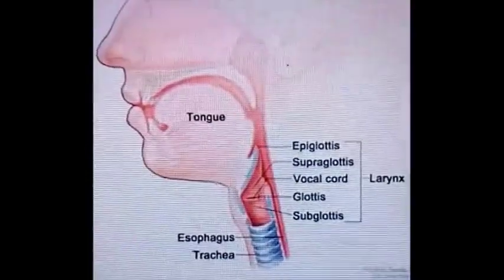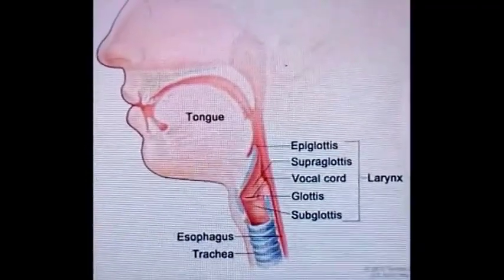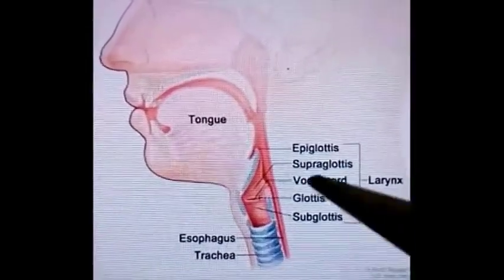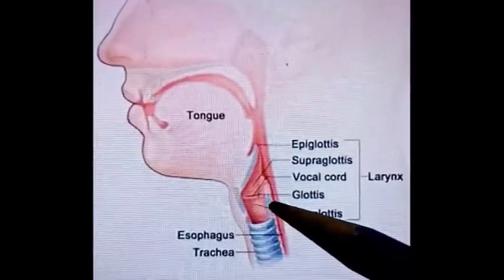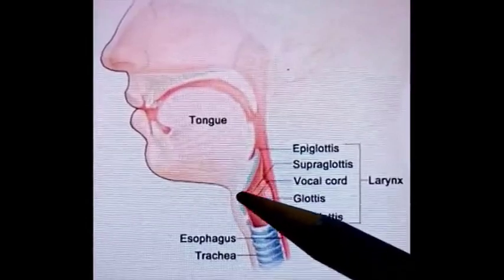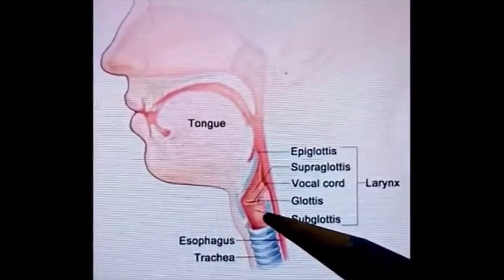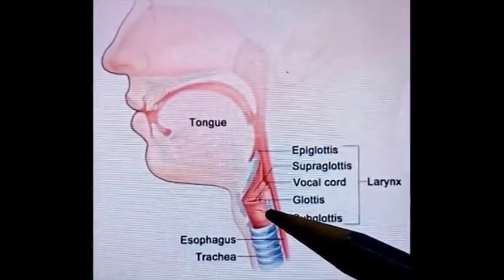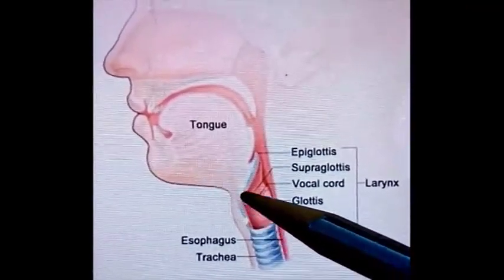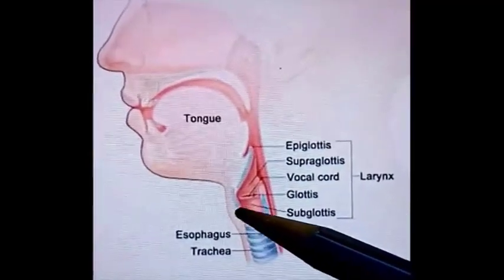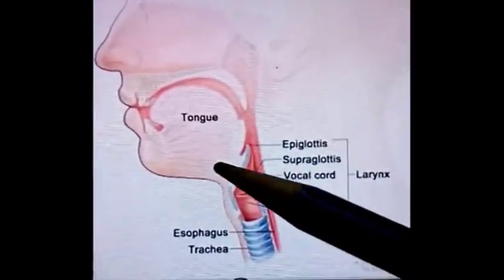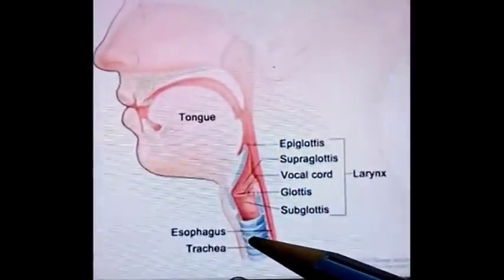This fibroelastic membrane replaces the submucosa of the larynx, and outside the fibroelastic membrane there are the cartilages of the larynx, and these different cartilages are connected to one another with the help of the intrinsic ligaments, and extrinsic ligaments connect the larynx or different cartilages of larynx to other structures like hyoid bone and the trachea.